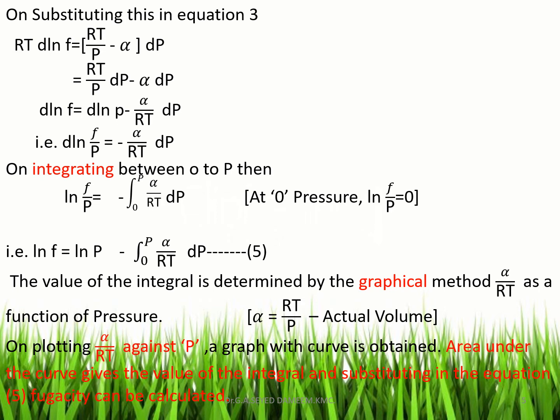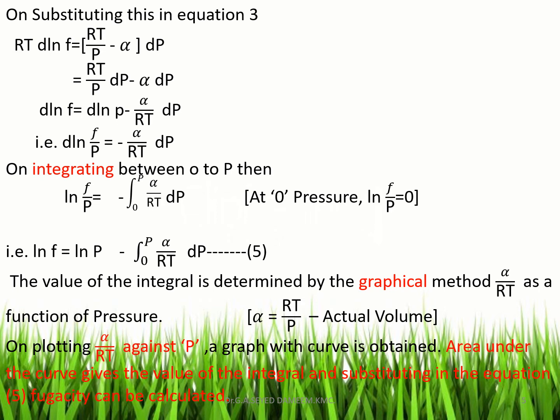Now on integrating this equation between limits 0 to P, the left hand side is ln f by P, and at the lower limit ln f by P is equal to 0, that is at zero pressure.